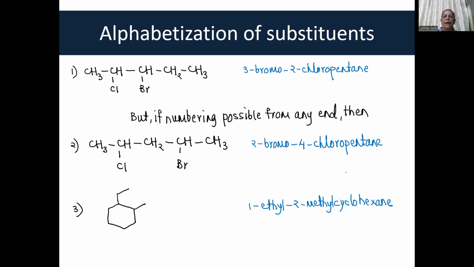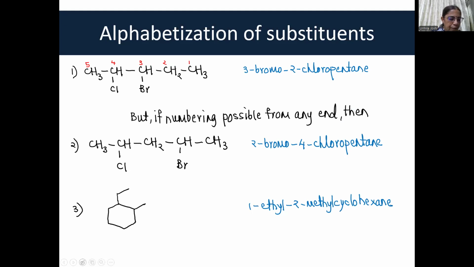Okay. Now there is some other thing. Just see over here. If this is the compound that you have to name, if you start numbering from this end, the first substituent becomes at 3 position. Let us see. If you start numbering from this end, the substituents get 3 and 4 position.